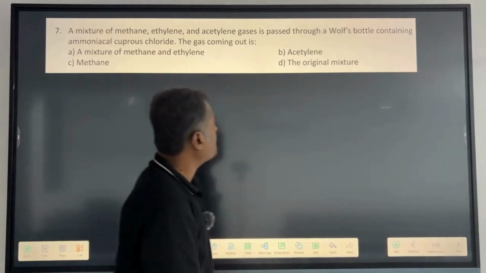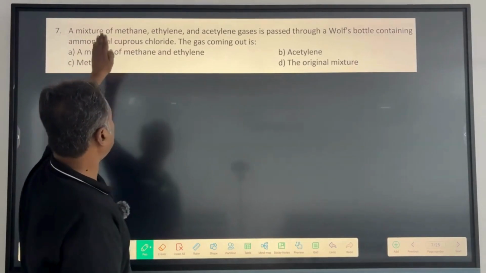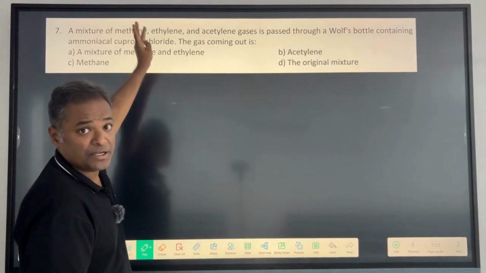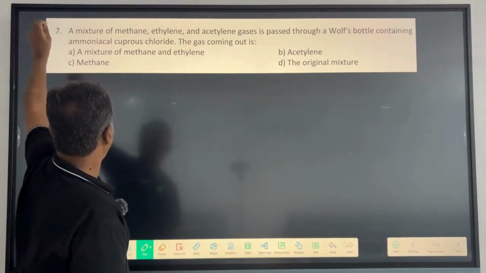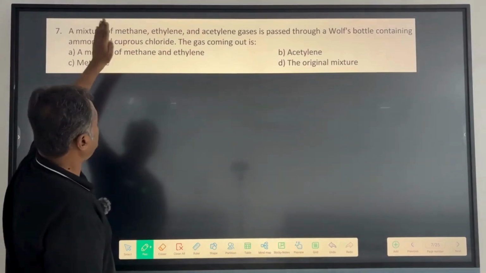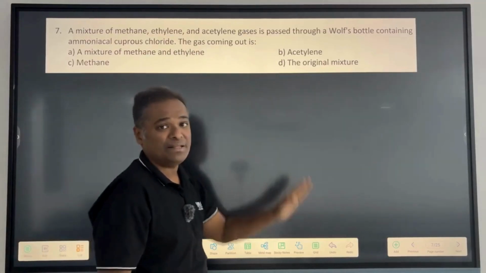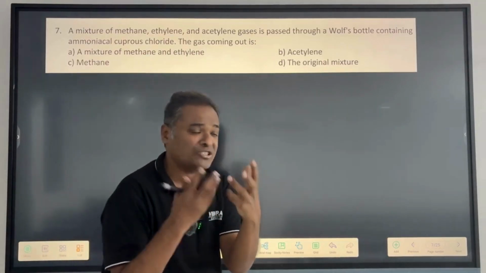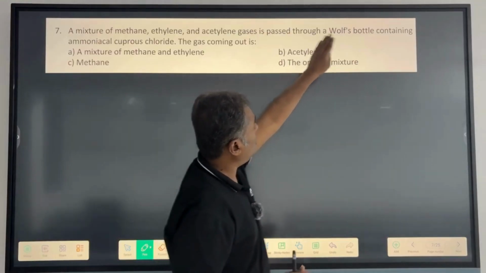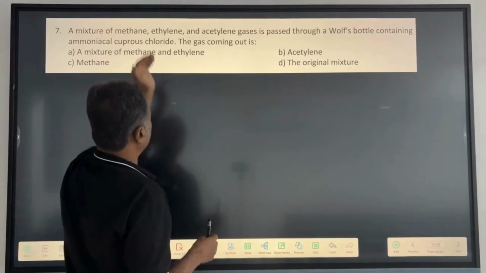What we have over here. Now in this question, a mixture of methane, ethylene and acetylene gases is passed through a bottle containing ammoniacal cuprous chloride.